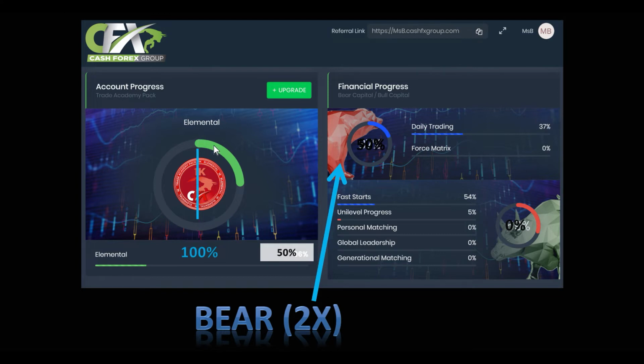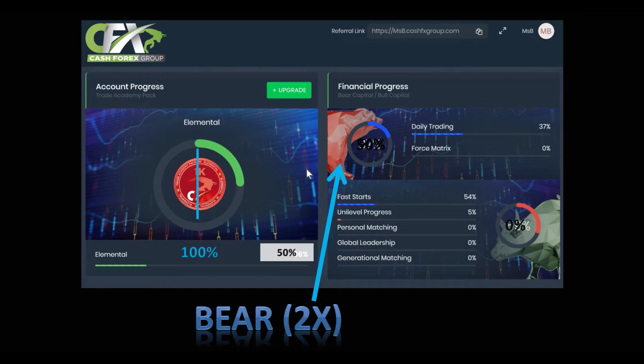And then this slowly grows, the green line grows as you build up that daily trading pot, let's call it. And once you hit 100%, it would be all the way down here, right? So basically, this is showing that someone who is a bear is at approximately 50% of their return so far.